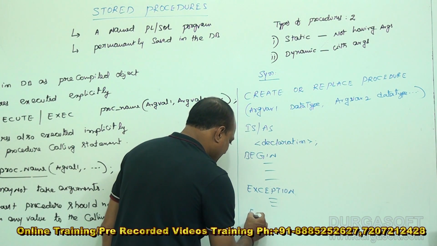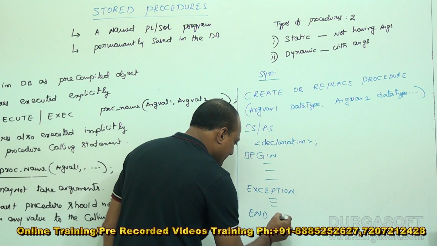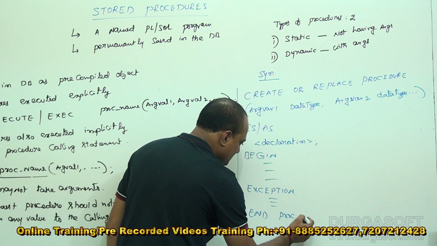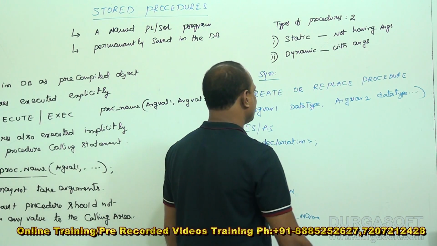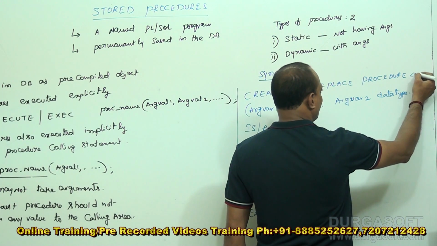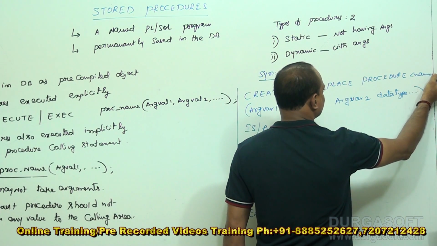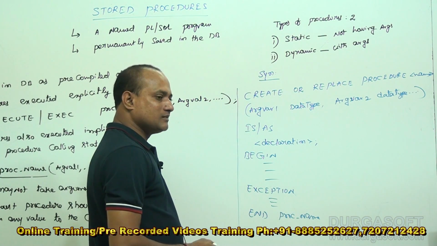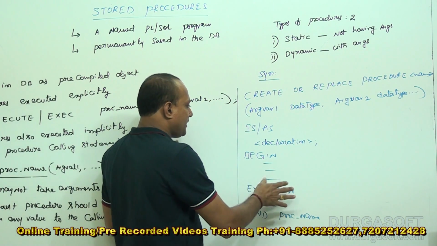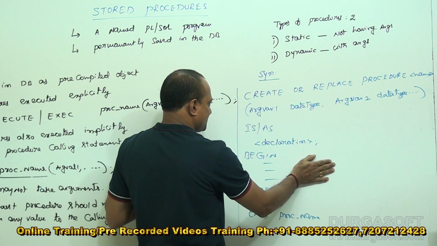And finally, end. Optionally, you can specify procedure name. Okay, so here procedure and the name of the procedure. Remember. So this is the way you can create a procedure.